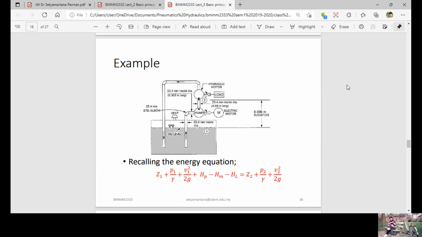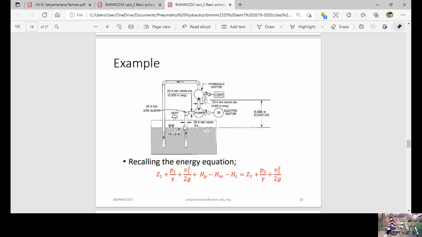So we see the system. Then we make the references. The first reference is the oil level inside the tank.